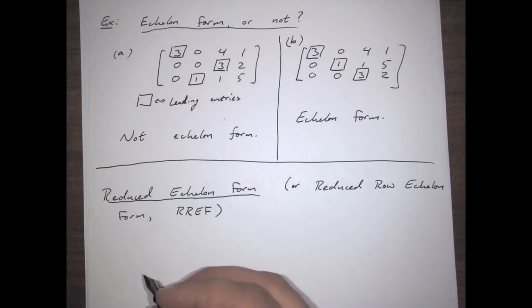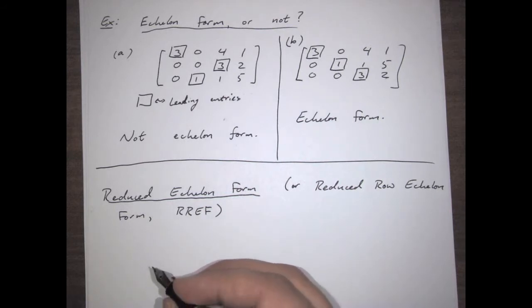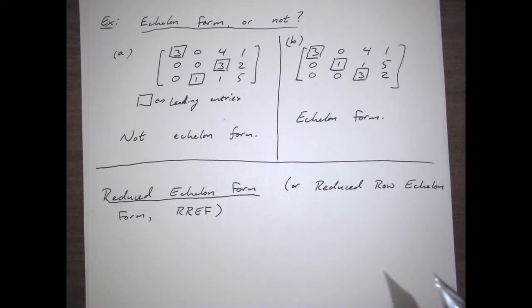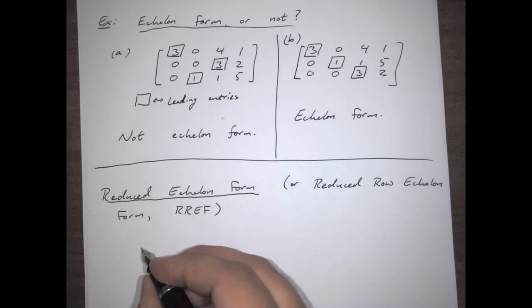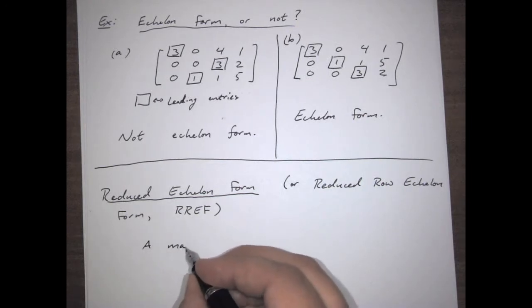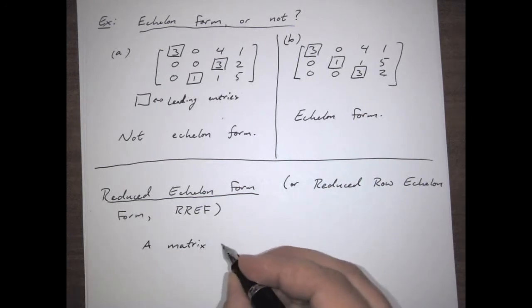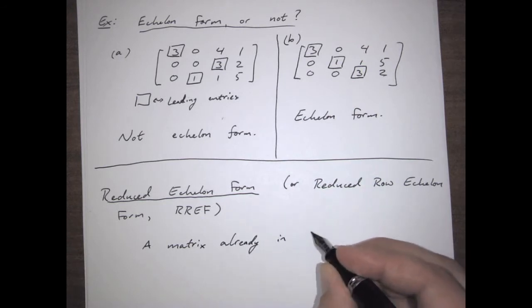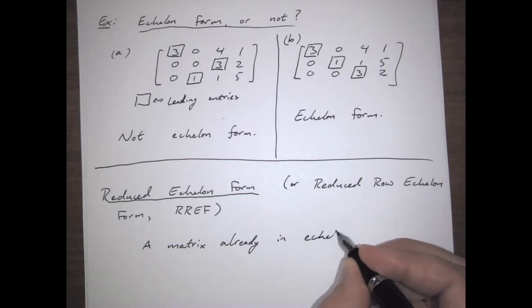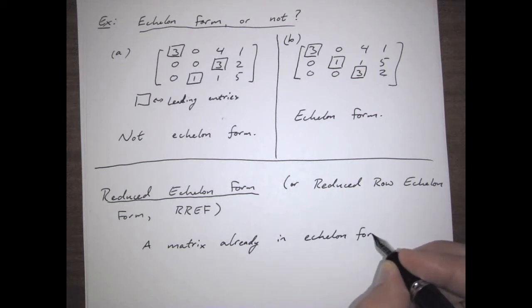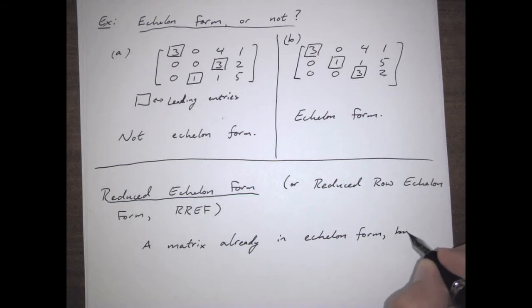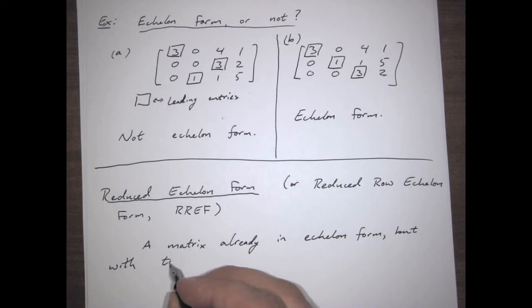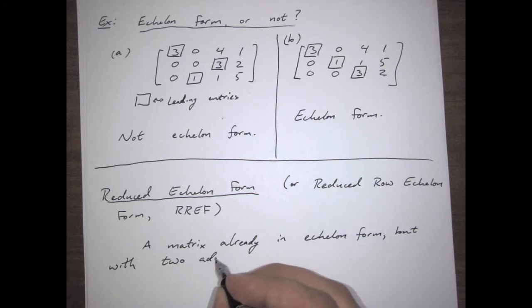So this has all of the properties of row echelon form, just regular echelon form, but also it's got two more properties. So this is a matrix already in echelon form, but with two additional properties.